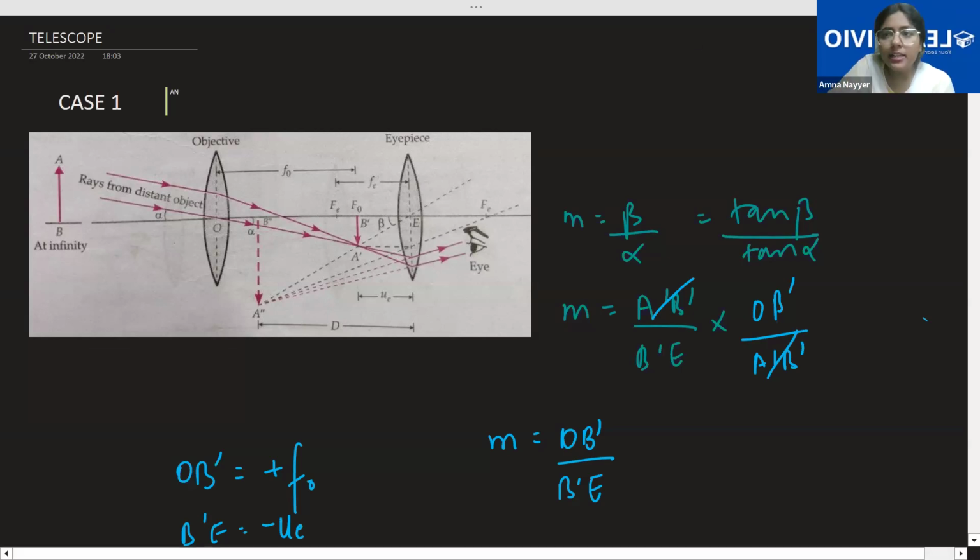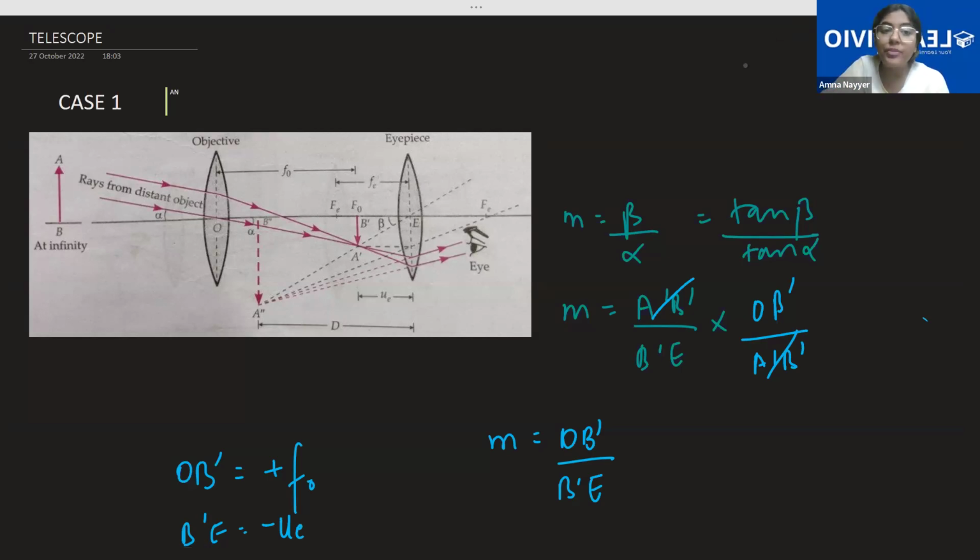Telescope, how will you differentiate the telescope and the compound microscope? Because here both the lenses are present. The differentiating factor will lie in the eyepiece and objective. For the compound microscope, our object was so small and tiny that the objective lens need not be greater, and we required a greater image than the object.